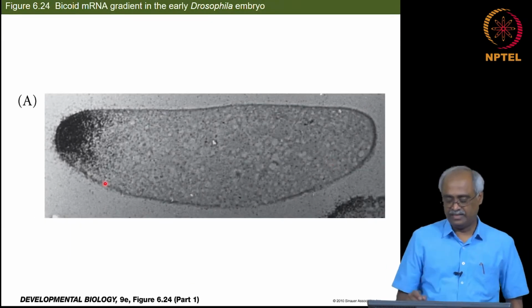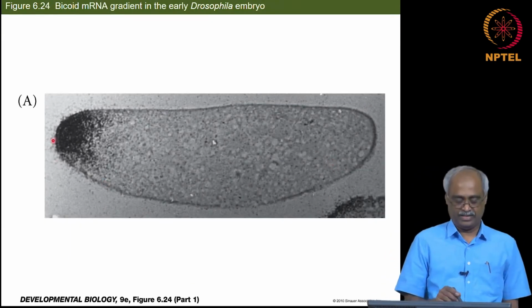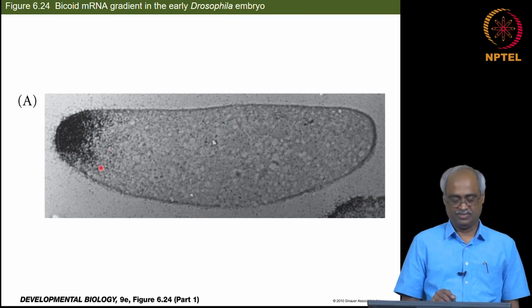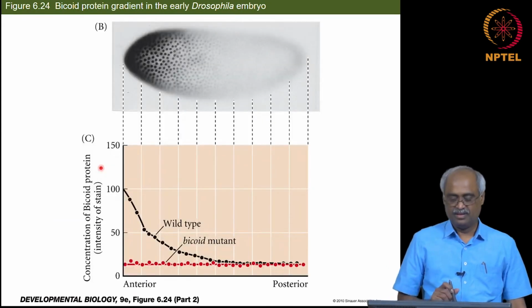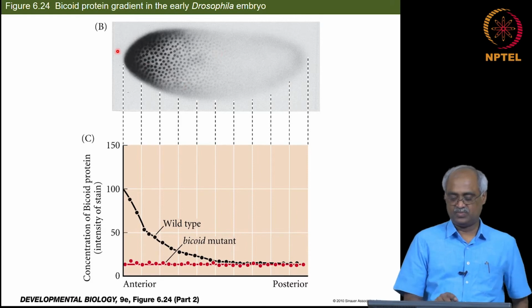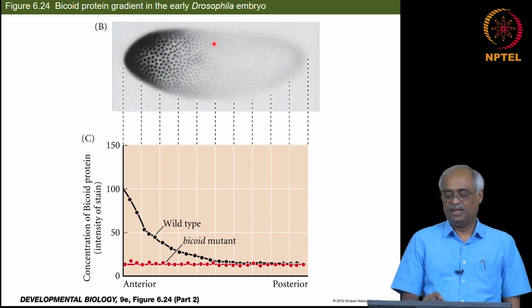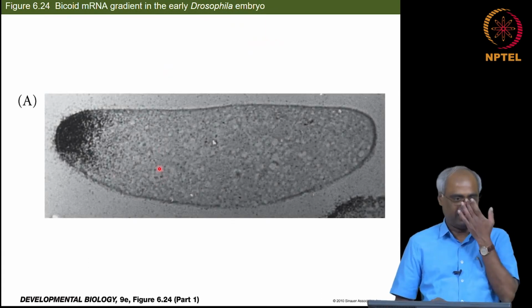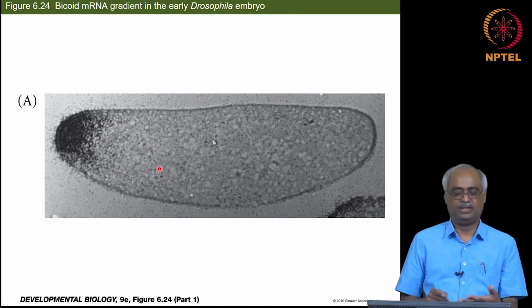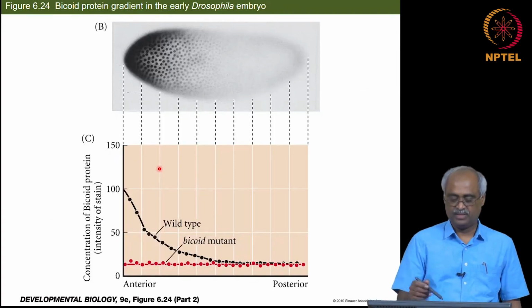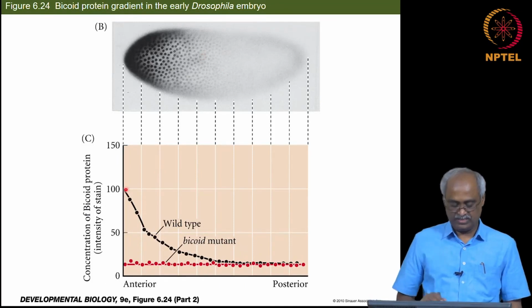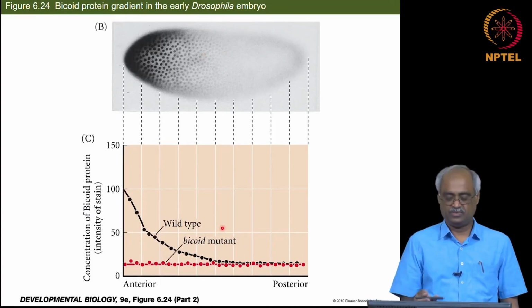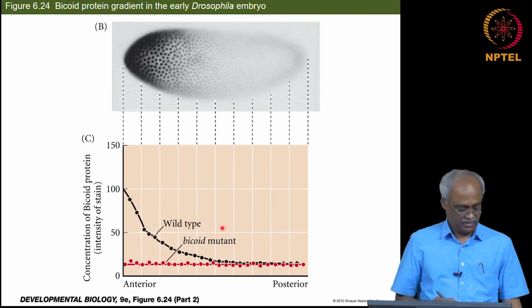So, this shows an in situ hybridization for bicoid mRNA and then you see this gradient here. Okay. And this is bicoid protein and this forms a shallow gradient that people believe is because some amount of RNA that is here, even they get in and they are already poised for translation and therefore, in a very short time you get this gradient of bicoid formed, and this is the mutant and this is the wild type quantitation of that protein signal.